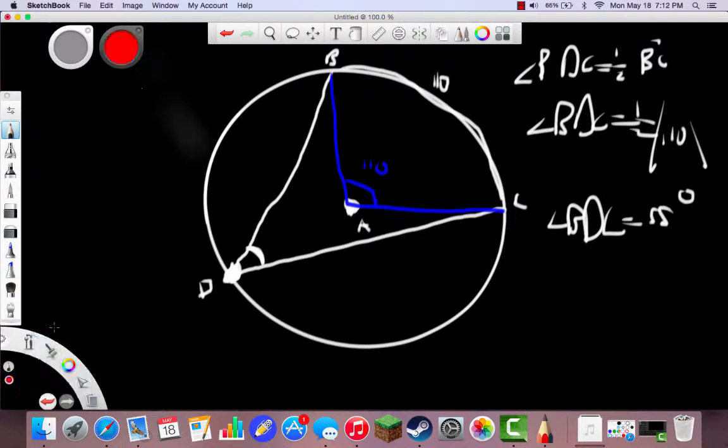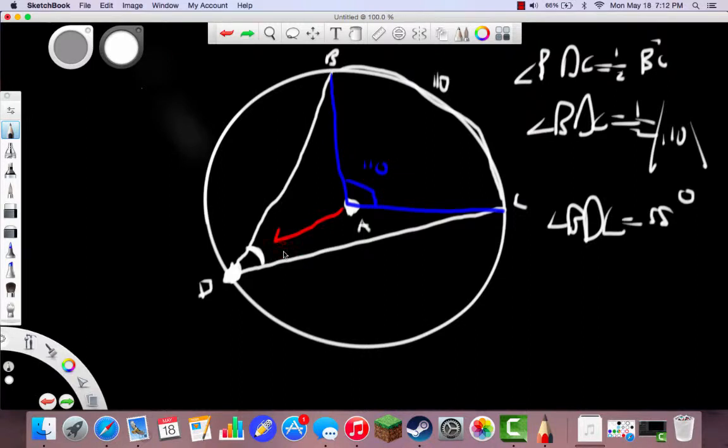But then what we did was we pulled it back to this new point, point D, and so now instead of it being this, it'll end up being half, which is going to be 55 degrees.